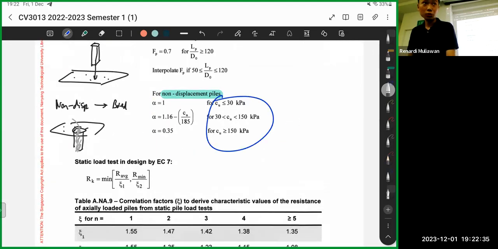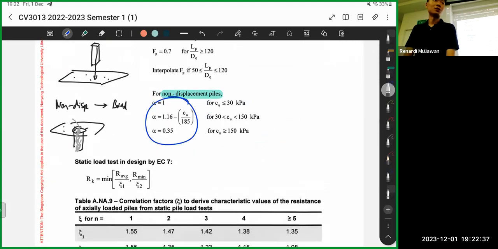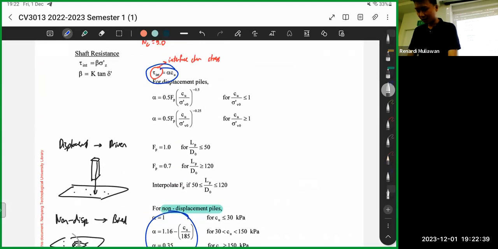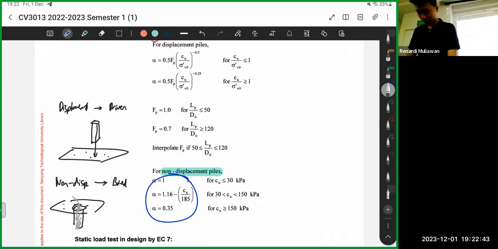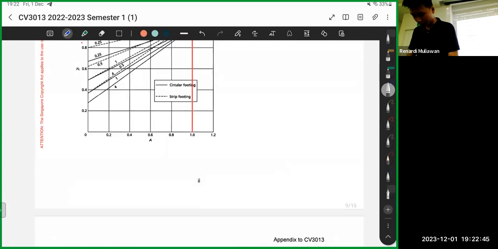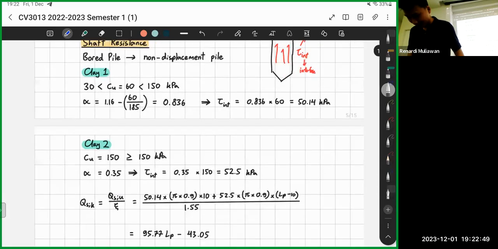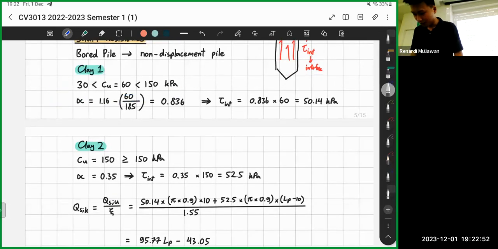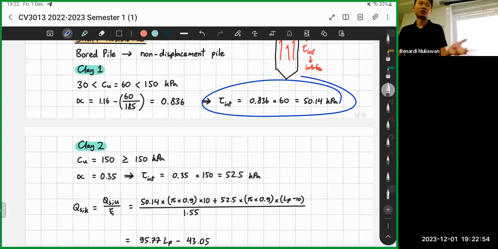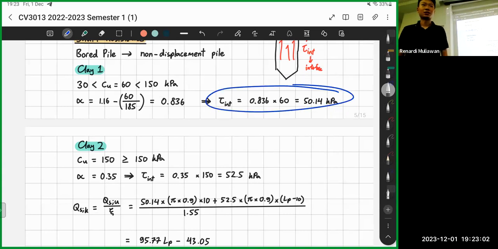So you follow these. You check the Cu, you plug in the formula, then alpha is just alpha Cu. Check the Cu, find the alpha, find the shear stress. Then remember, force is just stress times area. The one we've been finding is the shear stress, so we need to find the area.